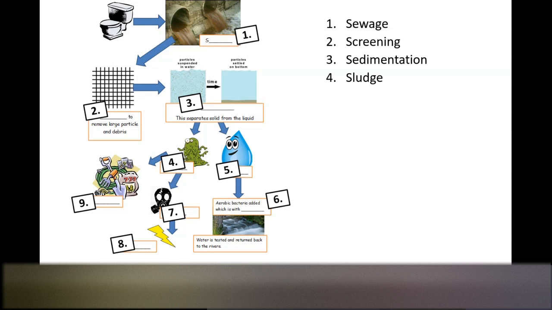So what is number 5? Tell me what number 5 is talking about. So number 4 is the sludge. What is number 5 talking about? Well done, excellent. It's talking about the effluent, okay?